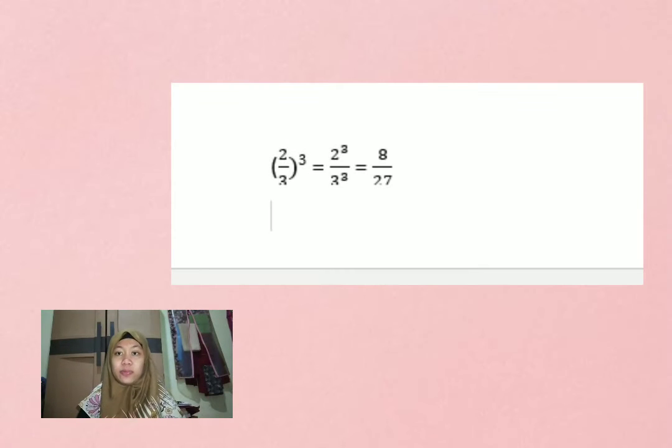The last question of powers is 2 over 3 in parentheses raised to 3 equals 2 raised to 3 over 3 raised to 3 equals 8 over 27.